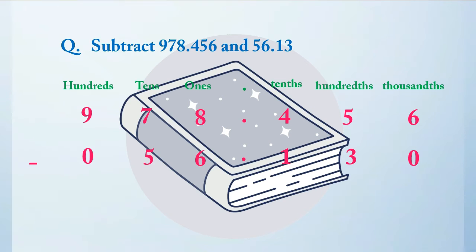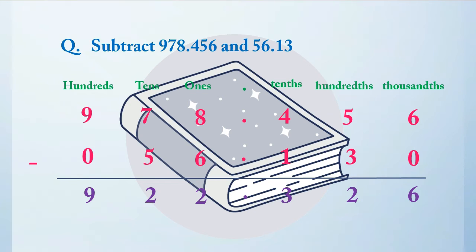After this we will subtract them. 6 minus 0, 6. 5 minus 3, 2. 4 minus 1, 3. We will copy the decimal point below the decimal point. 8 minus 6, 2. 7 minus 5, 2. 9 minus 0, 9. So the answer is 922.326.